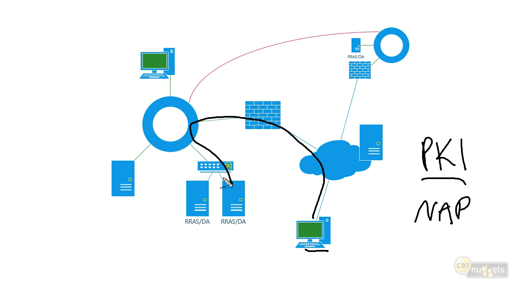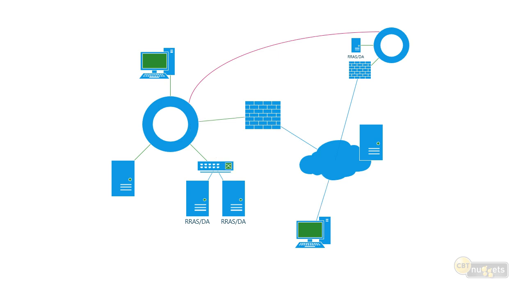I don't want him actually talking to the network. I'm going to restrict his access to a subset of our network where he can get the latest patches and update his antivirus definitions and everything else. So that's what network access protection does. And if you want to integrate that with direct access, you're going to have certificates, which means you're going to have a PKI.